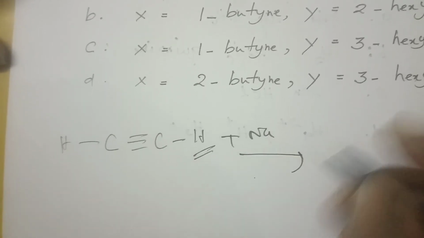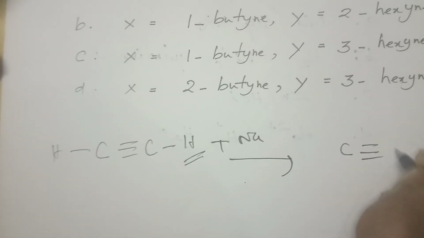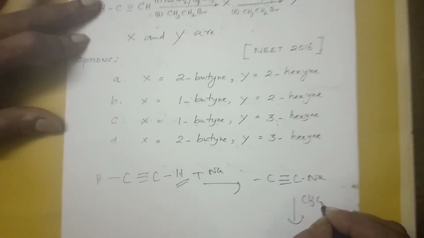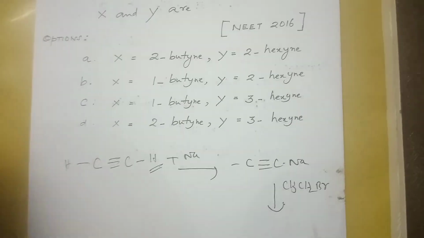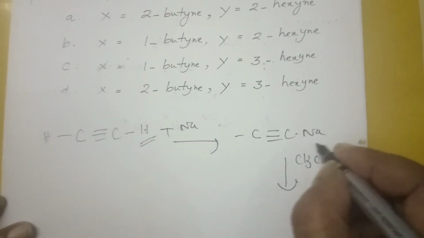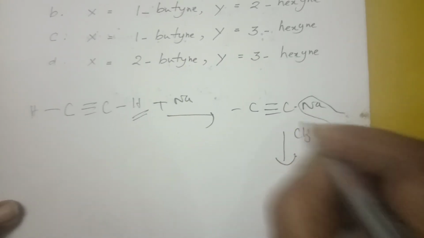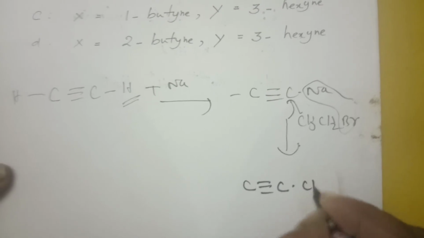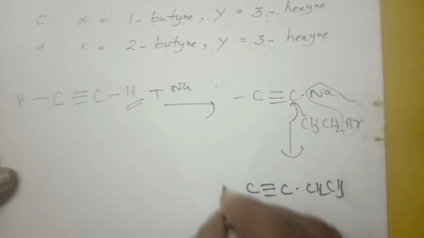The terminal is there, so you put this in. In the next one, the reactant is ethyl bromide. So what is happening? This one is coming out and this takes place. The product you are getting is CH2, CH3 and CH.